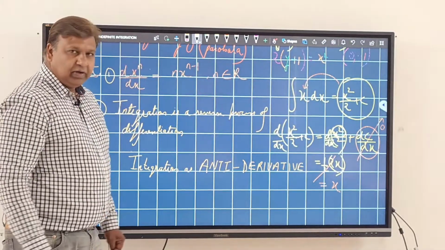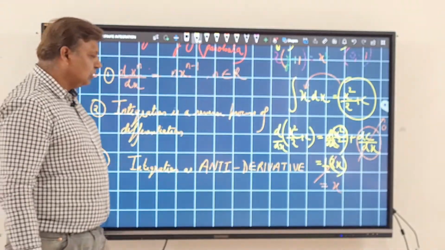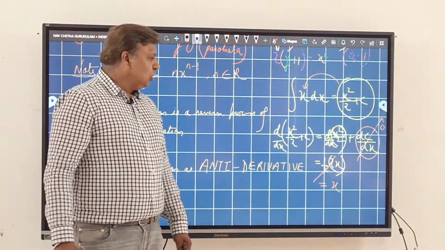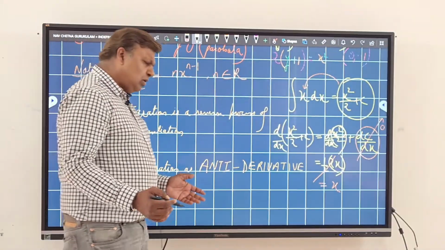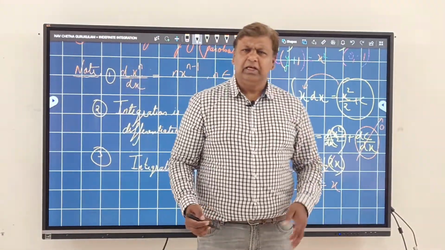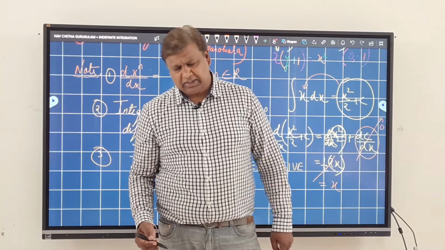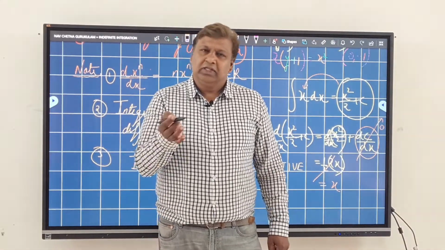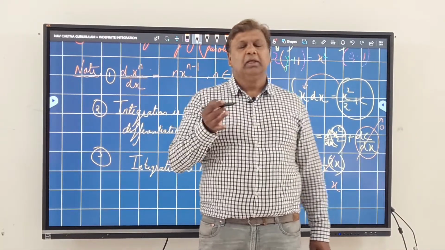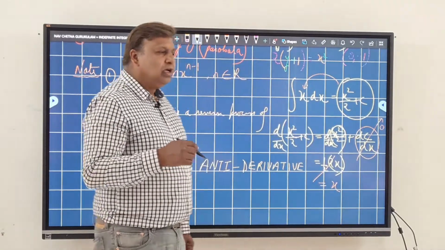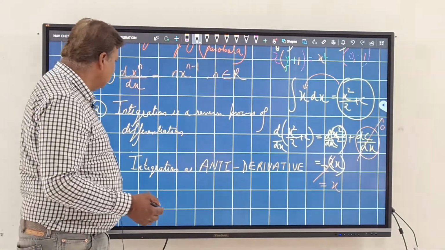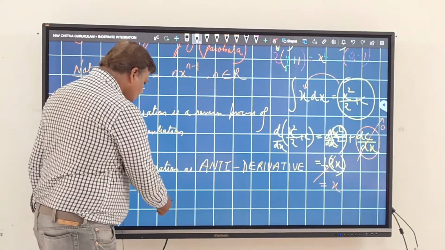Integration as antiderivative. Okay, so another name of integration goes as antiderivative. So you can very well understand that if differentiation of sin x is cos x, then integration of cos x is sin x. That's what we mean when we say reverse process of differentiation. I hope you understand.